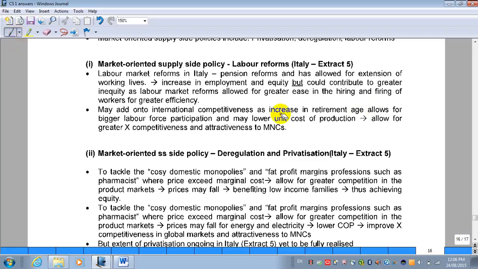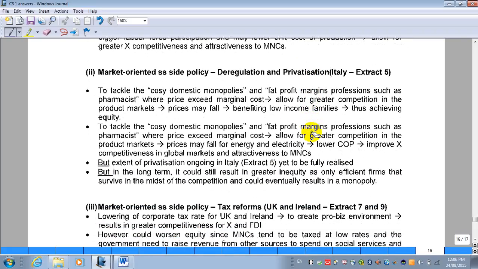Therefore it increases the international competitiveness of Italy, right? And with that, it will increase the attractiveness of Italy as an investment destination as well. So it is internationally competitive in terms of attracting investments. Okay, possible. All right.